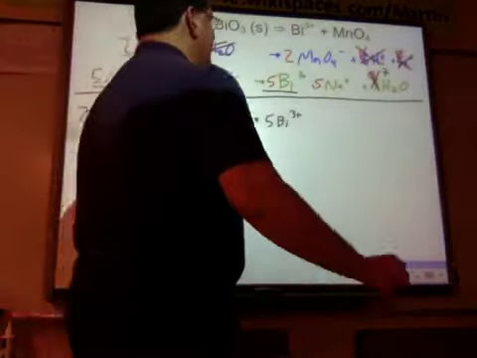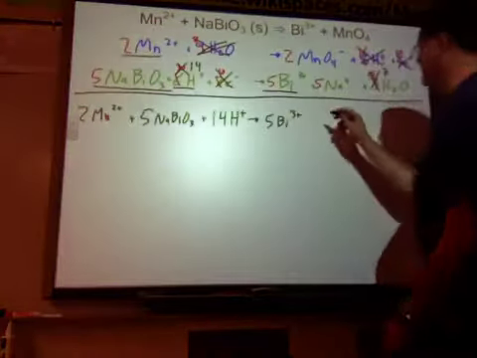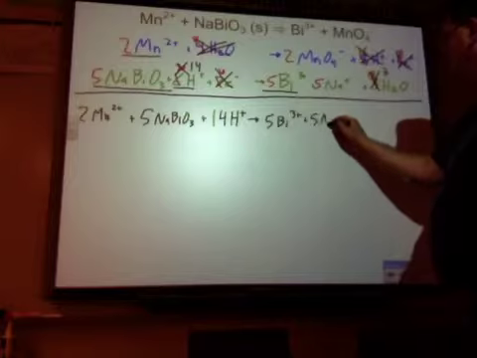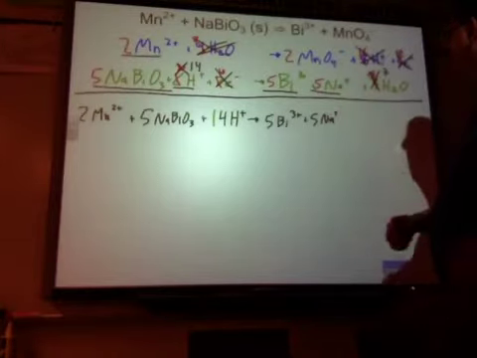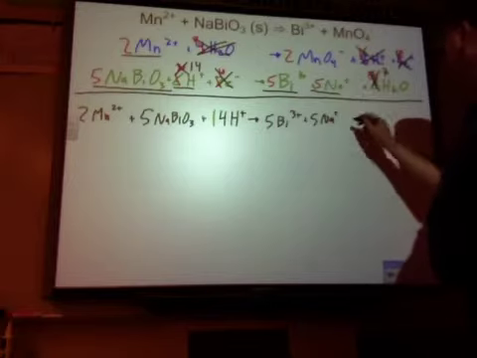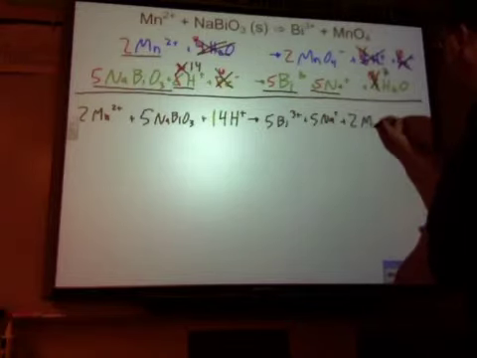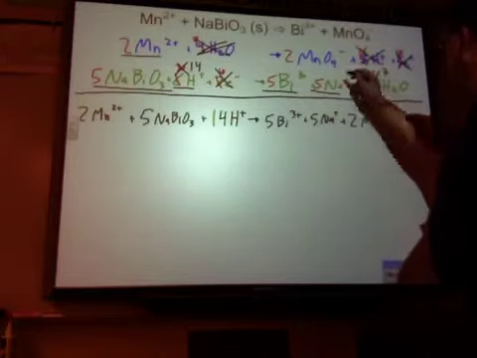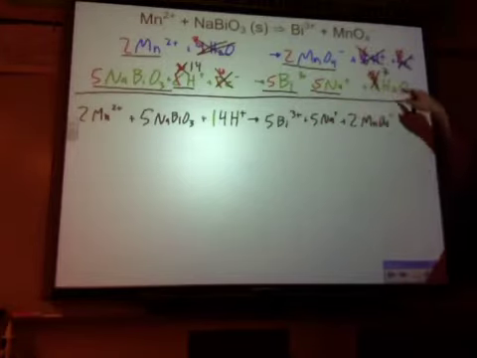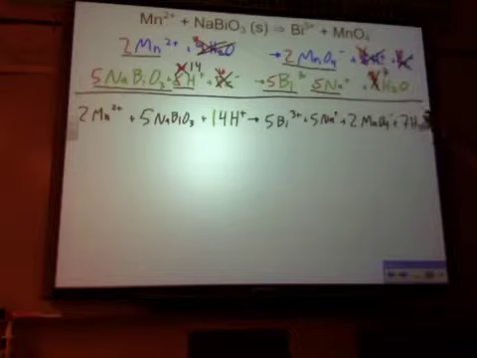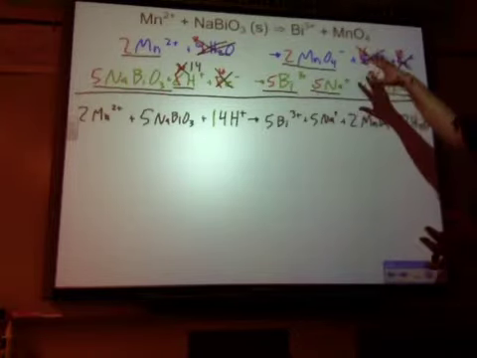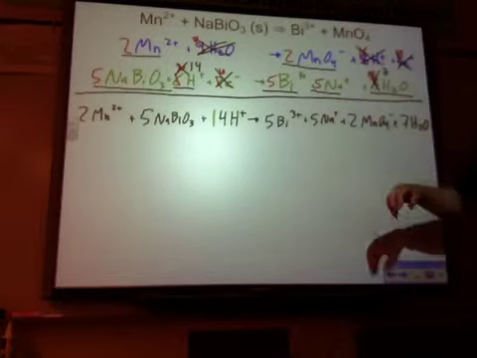We have 5 sodium, that's accounted for. We have 2 permanganates, that's accounted for. And we have 7 water, so that's accounted for. Everything up there is now either underlined or crossed out.